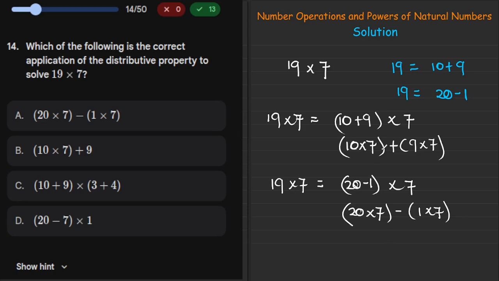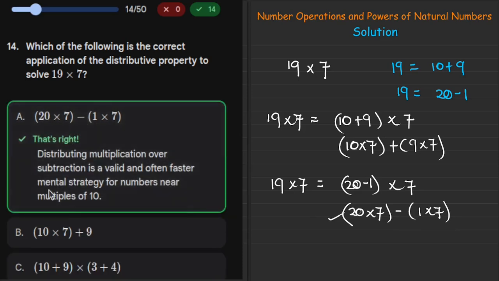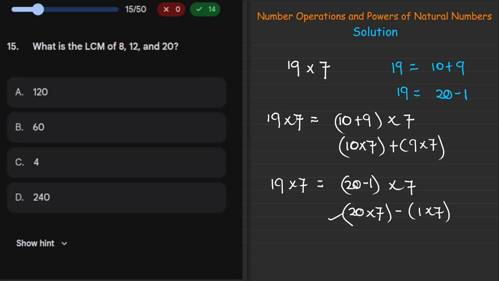Easy. So any of these works. Let's see our options. A says 20 times 7, then minus 1 times 7. Yes, that is true. B cannot be the answer because it is 10 times 7. That is totally wrong. C is also totally wrong. Then D as well.